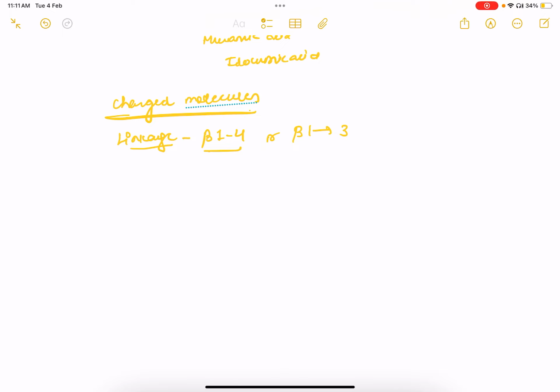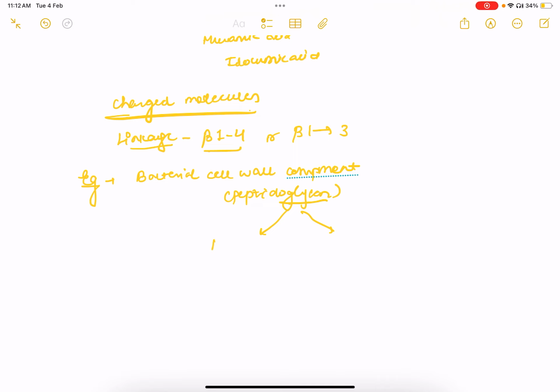One example of a heteropolysaccharide is a bacterial cell wall component, that is peptidoglycan. Peptidoglycan is present in the bacterial cell wall. The glycan moiety of the peptidoglycan is composed of two sugar molecules.